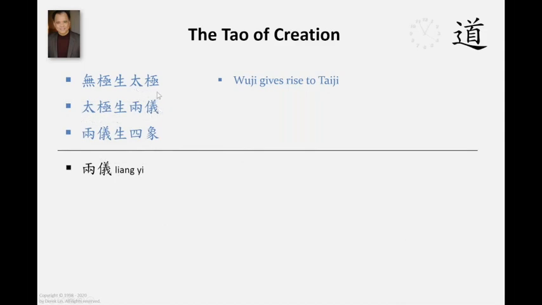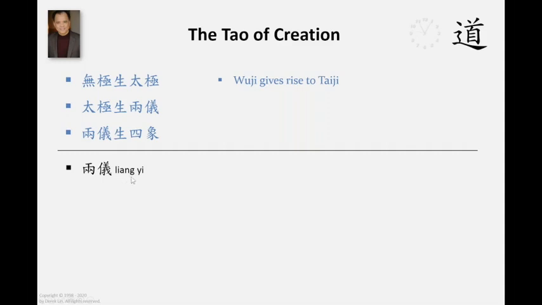You can see the 太极 at the end of line 1 becomes the beginning of line 2. And then there's the same character, giving rise to, giving birth to, produces, and then we have a new term, 两仪, at the end of line 2.